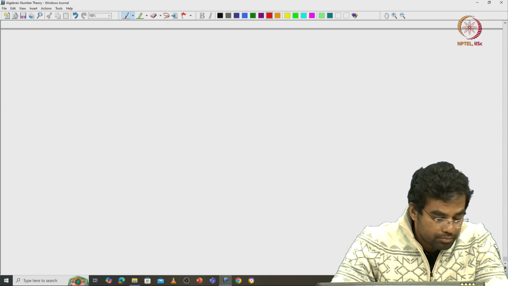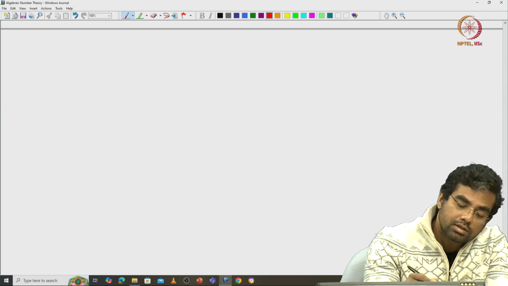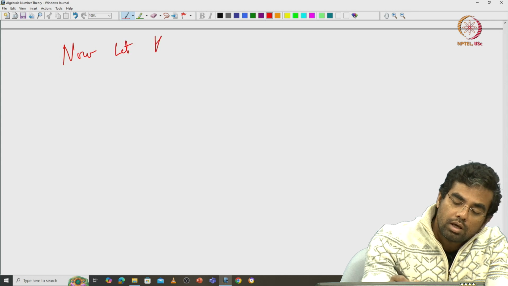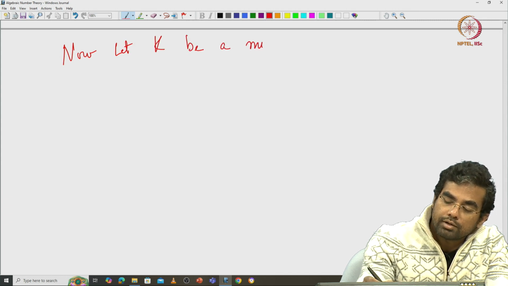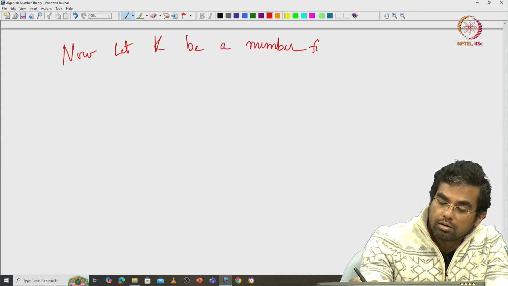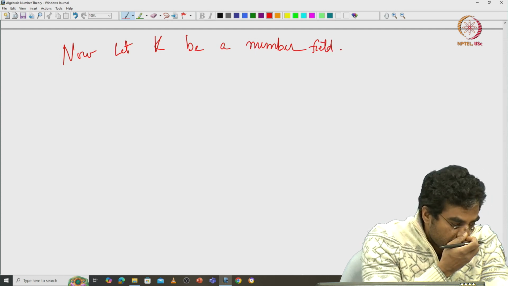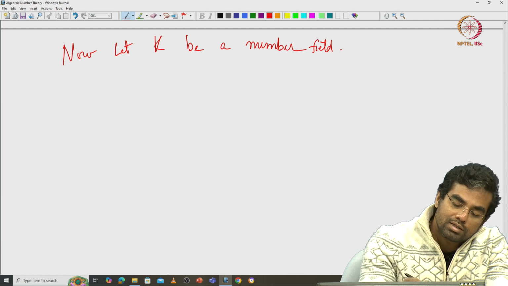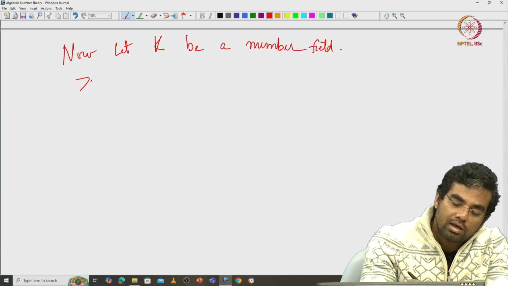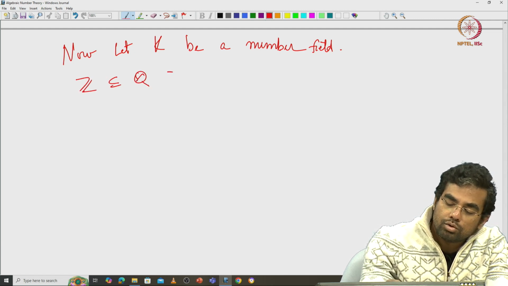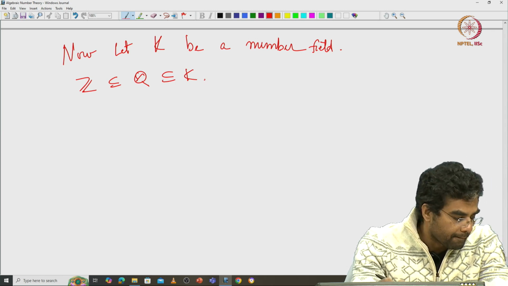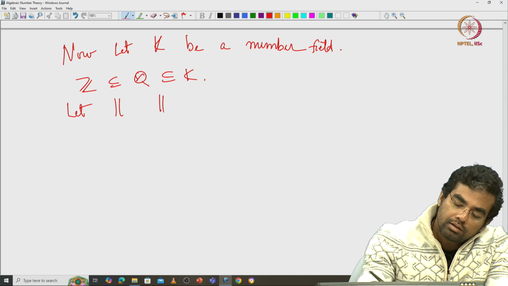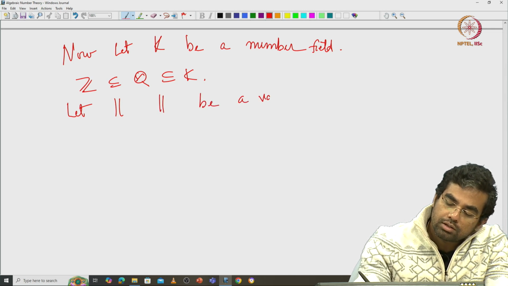Okay, so let's get back to number fields. Now let K be a number field. What's nice about a number field is Z is contained in Q, which is contained in K. Let this be a valuation.